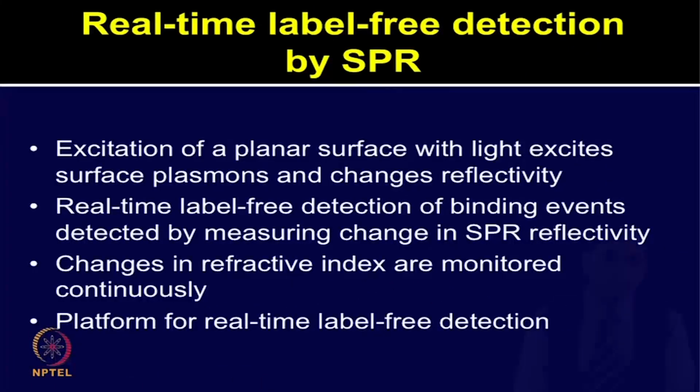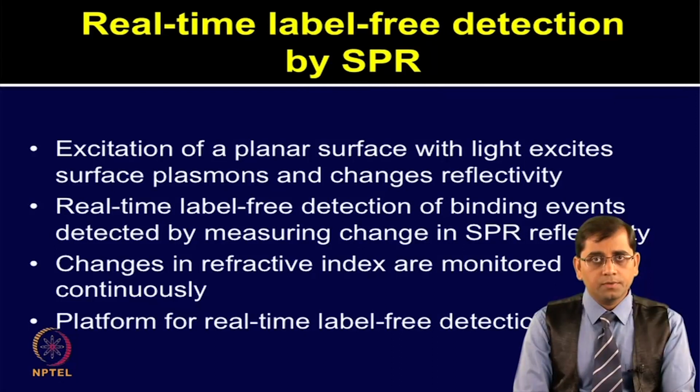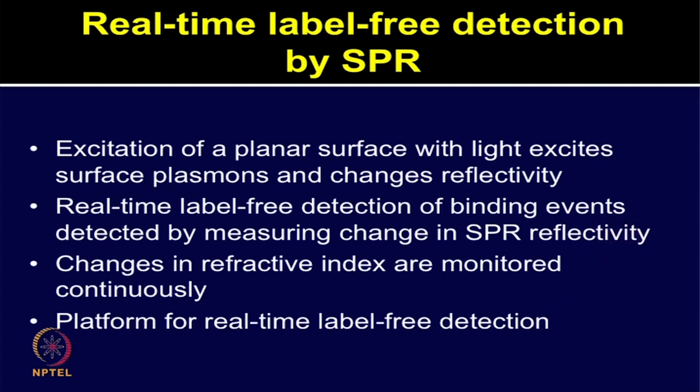The real-time label-free detection of binding events can be achieved by measuring changes in SPR reflectivity. These changes in refractive index are continuously monitored to obtain the kinetic data in real time, making it a remarkable label-free detection technique.